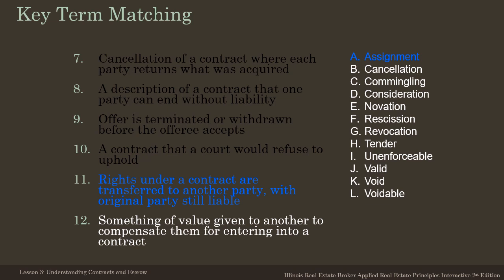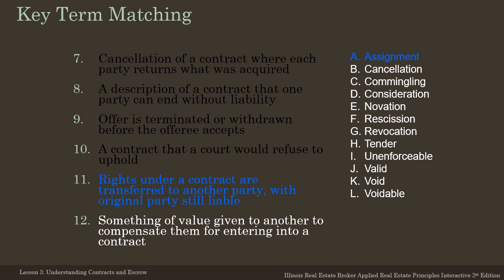But what he's really done is the contract's still valid. He's simply assigned his rights to a new tenant. So that's where typically you see an assignment. So we really simply have someone who has rights in a contract, in this case a lease, and they assign it to somebody else who completes the lease under the terms and conditions that were set forth originally. You see this sometimes with residential properties as well.